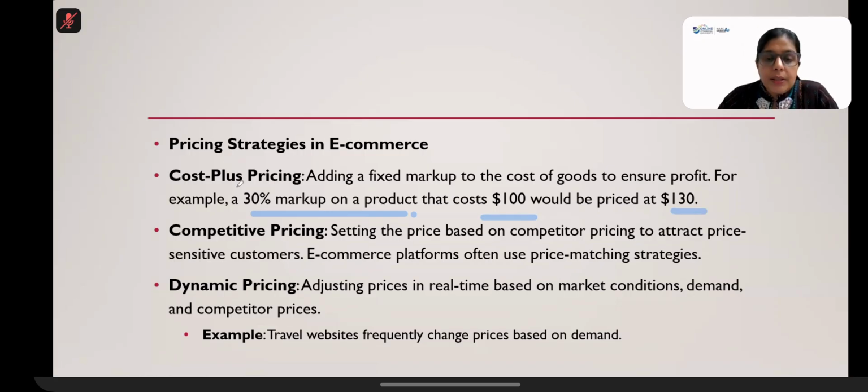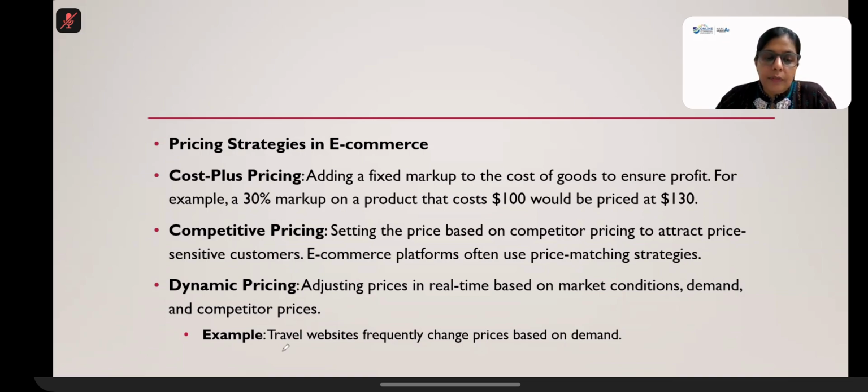Competitive pricing means setting the price based on competitors. Dynamic pricing, which we just discussed, depends upon market conditions, demand and competitor prices. Dynamic means things that are not constant, that keep on changing.